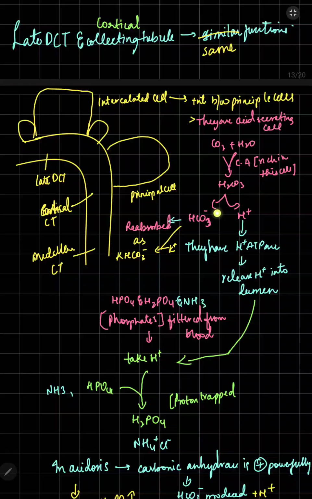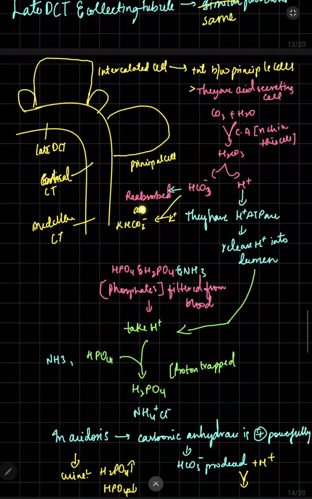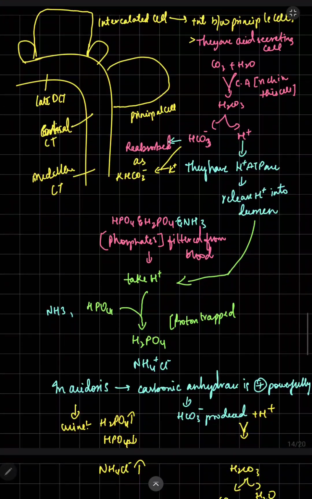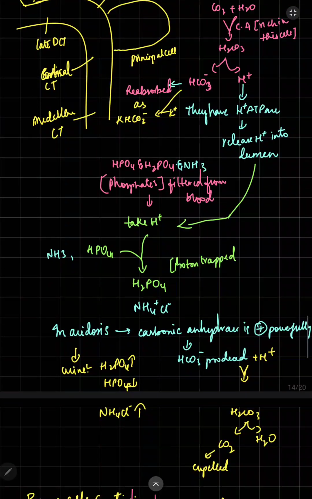And this bicarbonate is reabsorbed, and it can be reabsorbed with potassium also, as potassium bicarbonate, right? So what happens in acidosis is that there is increased acid in the body, so this carbonic anhydrase is strongly stimulated, and it produces a lot of HCO3. The same mechanism happens, where HCO3 combines with H plus to form carbonic acid, and this carbon dioxide can be expelled out as there is an increased rate of respiration.